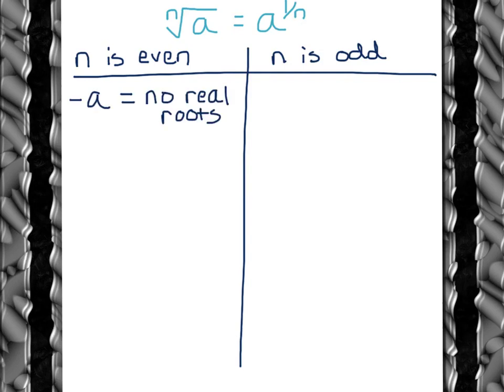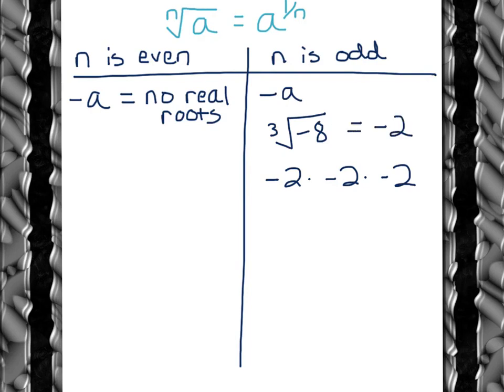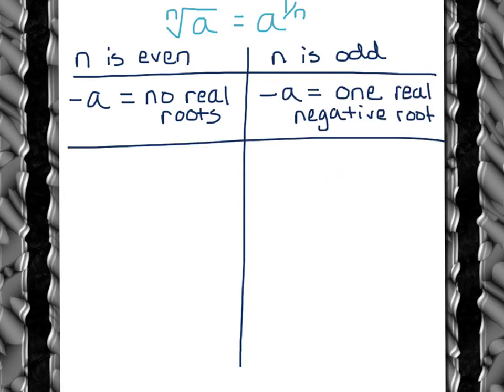But if n is odd and a is negative, we can have real roots. We'll actually have 1, because you can take the cube root of -8. That's going to be -2 times -2 times -2. The cube root of -8 is -2. That can happen. So if a is negative and we have an odd root, we will have 1 real root.